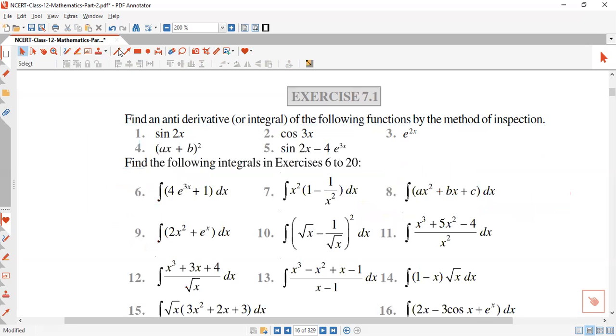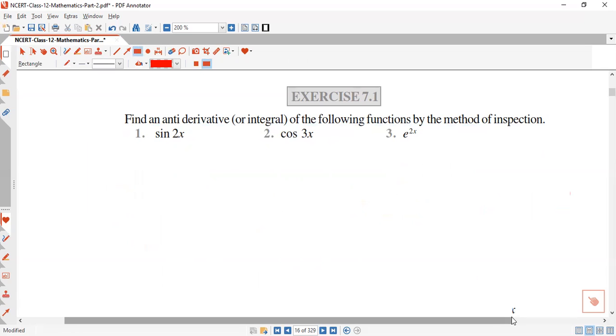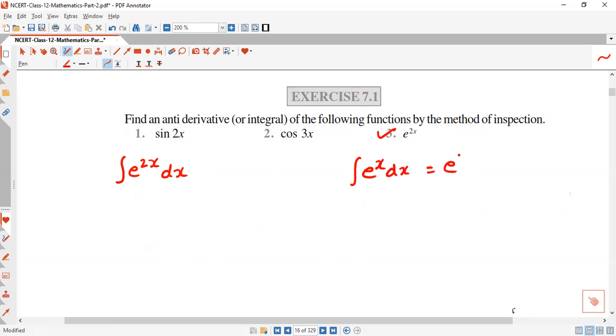Now, question number 3. Again, we want to find the integration of e raised to 2x, that is, the integral of e raised to 2x dx. We are integrating with respect to x. The formula for the exponential function is the integral of e^x dx equals e^x plus some constant c.